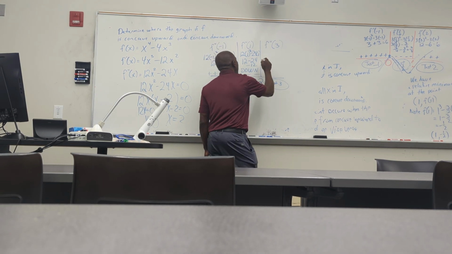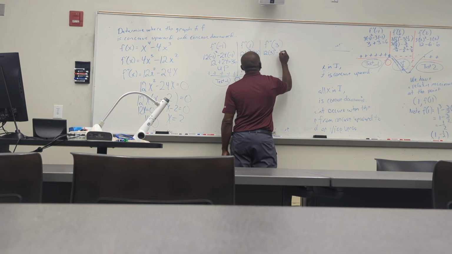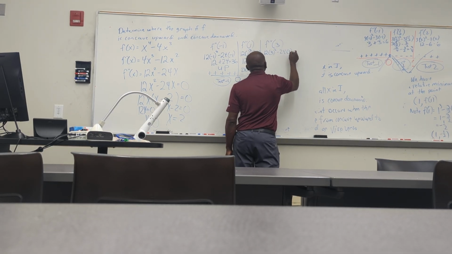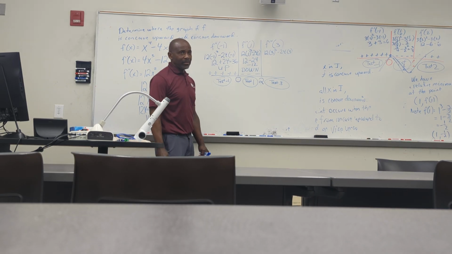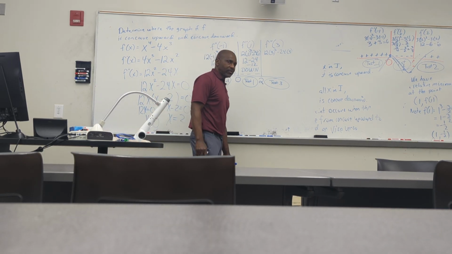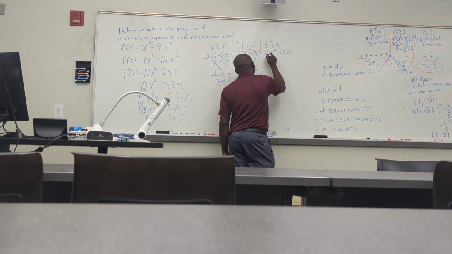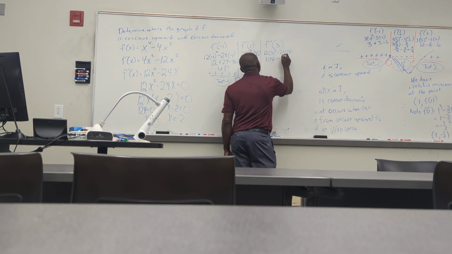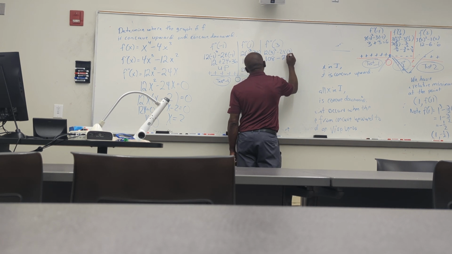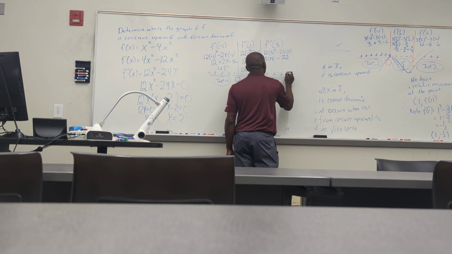And then I have 12 times 3 squared minus 24 times 3. And what's 3 squared? 9. And 9 times 12 is 108. And 24 times 3 is 72, is it positive or negative?